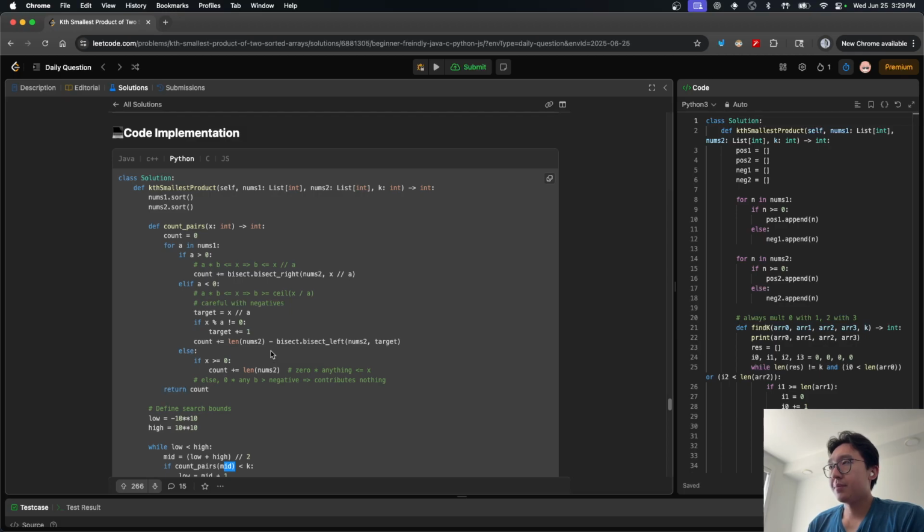Okay. For each number in nums1, if the number is greater than 0, then do we want to, what is bisect right? I have no idea what that is.